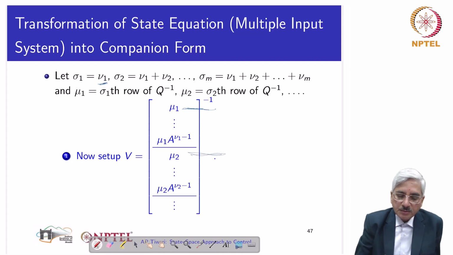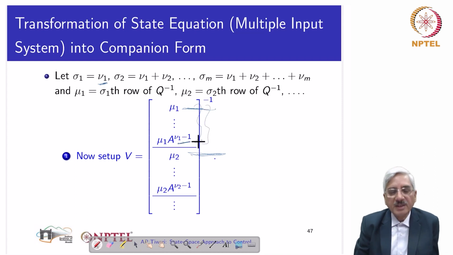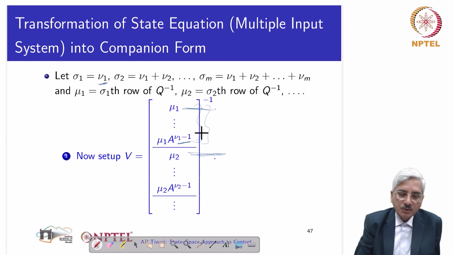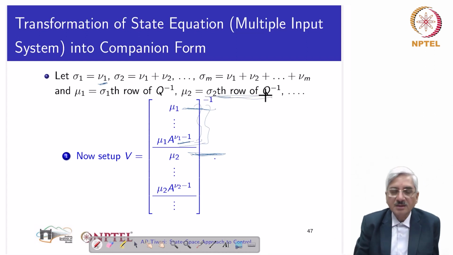Then mu2 is, after assembling this one, because we had nu 1 minus 1 up to that index, we got the independent vectors from input 1. So mu1, mu1a, etc. up to this. After that, we have mu2, which is the sigma 2th row of Q inverse, and so on in this manner.